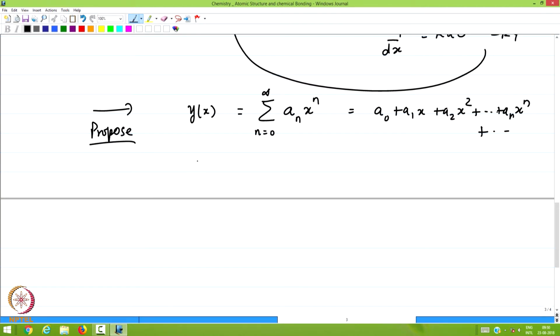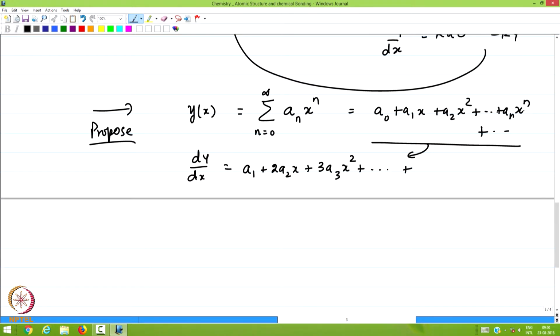dy/dx, if I take the derivative of this expression, then you know a_0 goes away and a_1 is the first term that is non-zero. Then you have 2 a_2 x plus 3 a_3 x squared plus and so on, and the general term gives you n a_n x raised to n minus 1 plus so on.